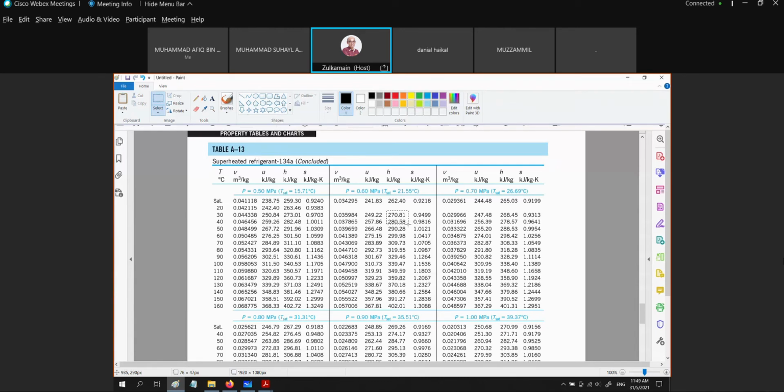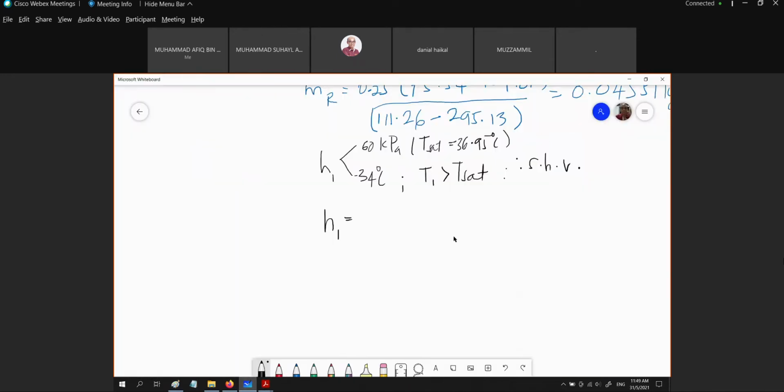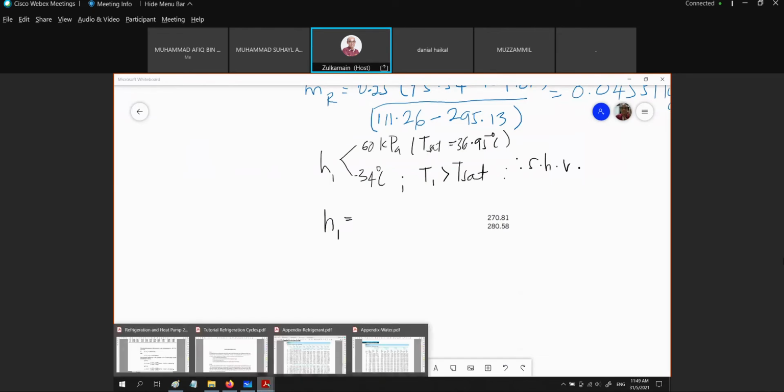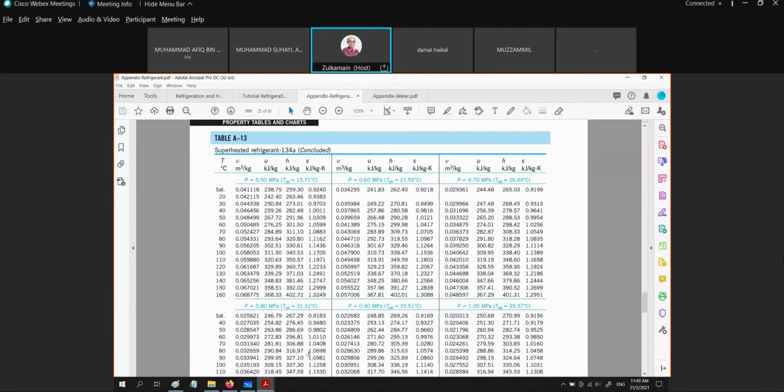Okay, 0.6, 34. So we need this one, the enthalpy. Check again for refrigerant, 0.6.